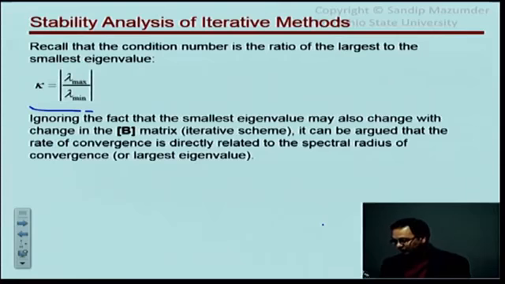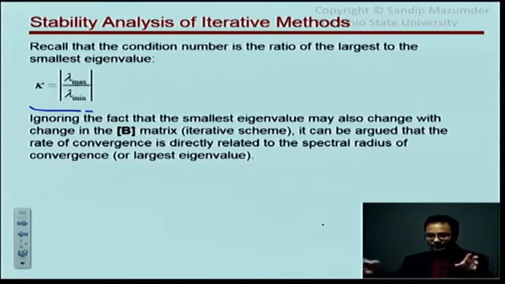Later on we will see that when you compare between two different methods, you can't just compare the spectral radius of convergence and say that one is better than the other. But when you're comparing the same method for two different mesh sizes, for example, then you can do that, because in that case the smallest eigenvalue doesn't change between the two mesh sizes, but the largest one does.